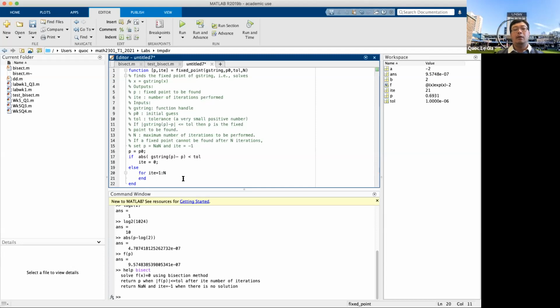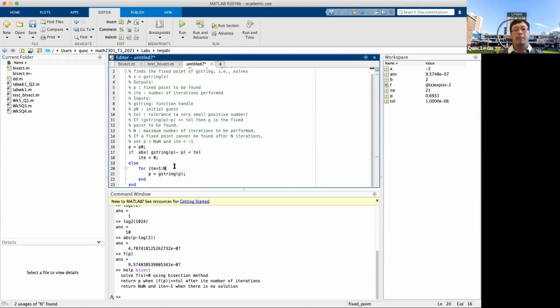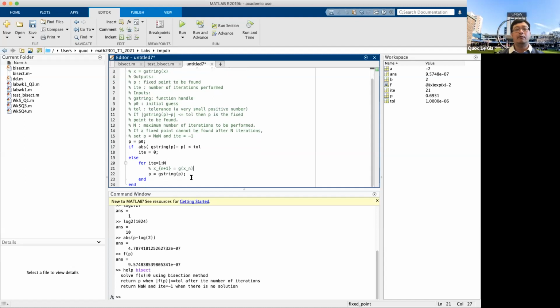And then now we implement the fixed point iteration. So p equal g of p, right? G is a string, because we specify the function like this. So remember, the formula is x_{n+1} equal g of x_n. So we just implement this formula. And then, okay, we check whether it is a solution.